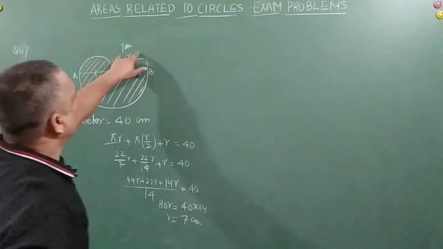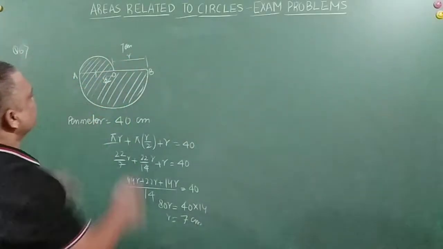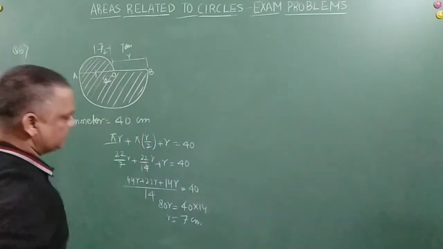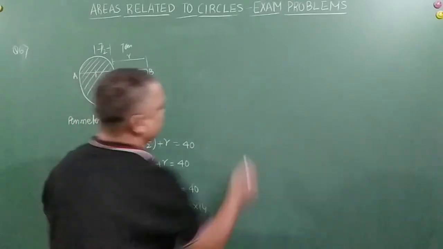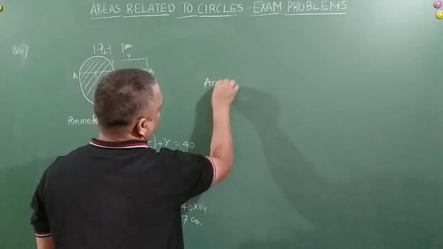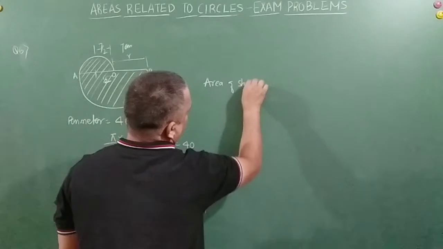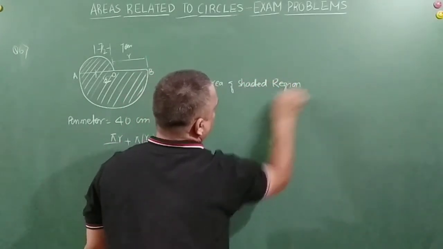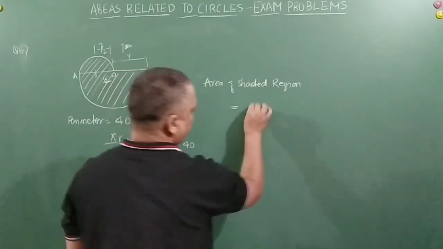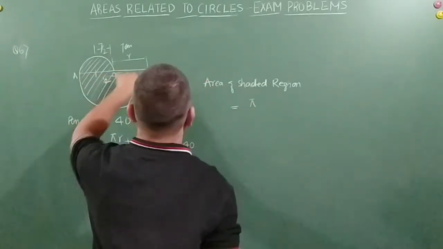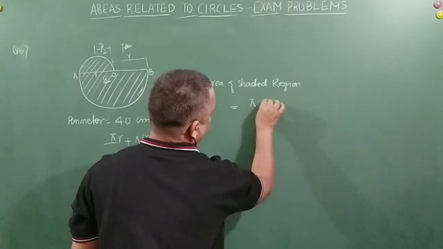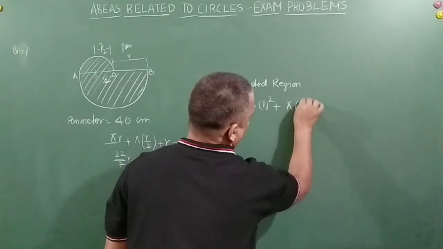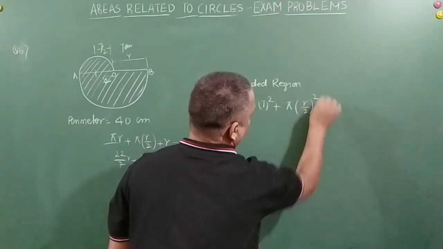Now, once we know this value, this distance will be 7 by 2 centimeters, right? Then we can find the area of the shaded region, right? So area of shaded region is equal to pi r square, that is 7 square plus pi r by 2 whole square, right?